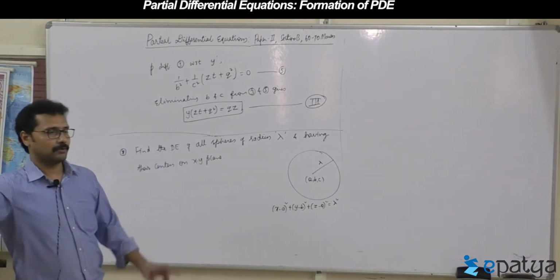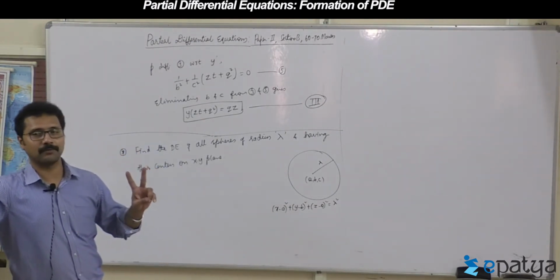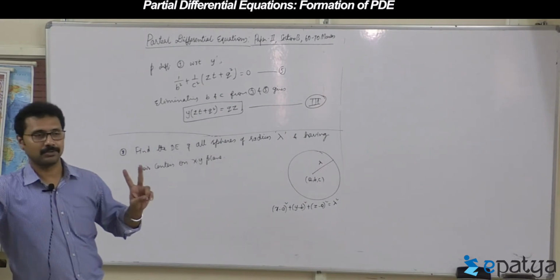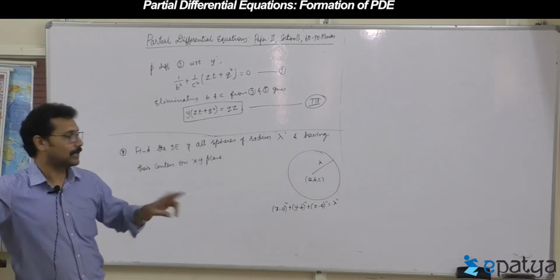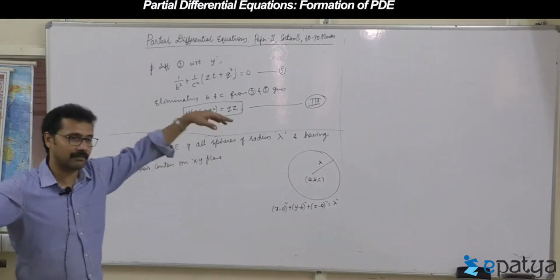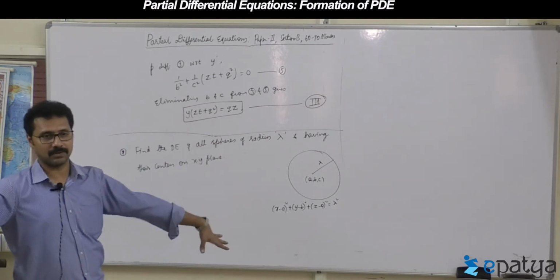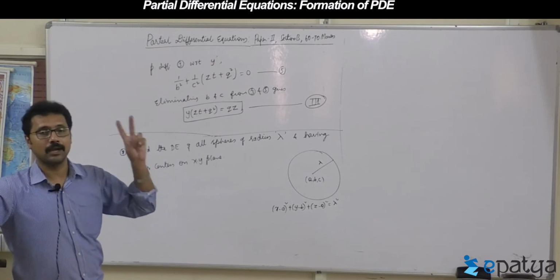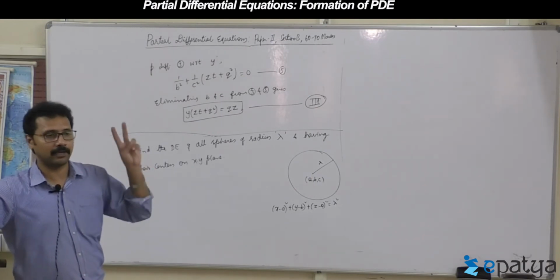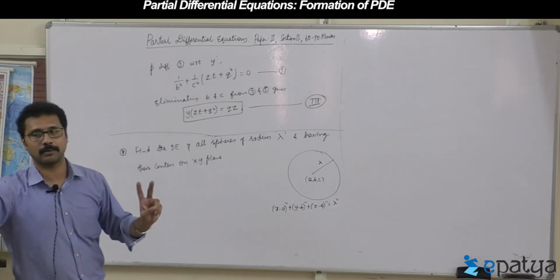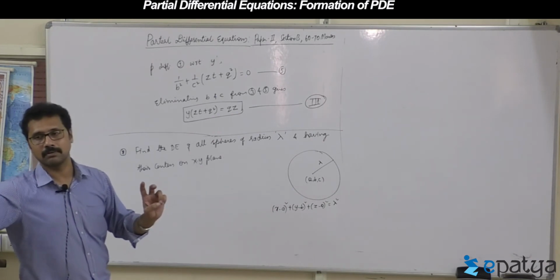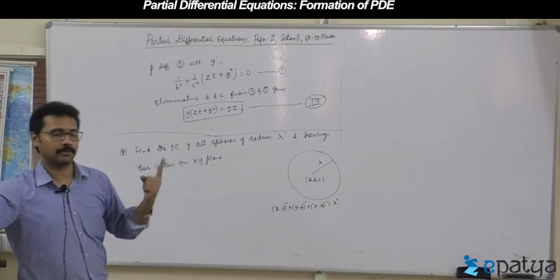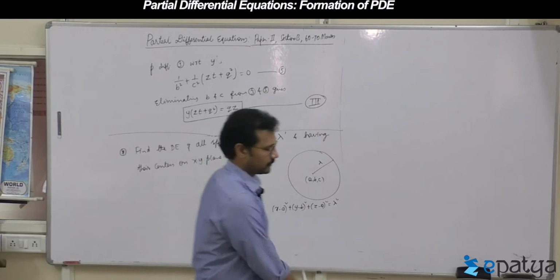Finally, 2 arbitrary constants. Number of independent variables? 2 only. Lambda is not an arbitrary constant, it is a given, fixed constant. Therefore there are only 2 arbitrary constants and 2 independent variables. Therefore, elimination of arbitrary constants leads to first order.